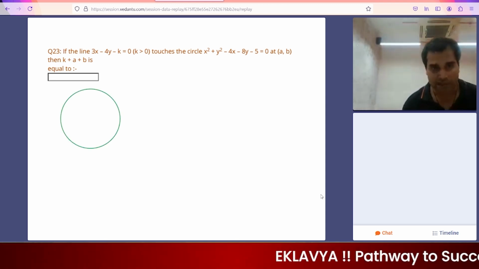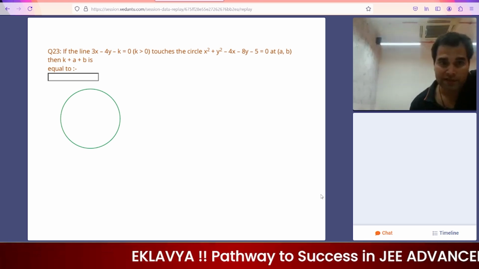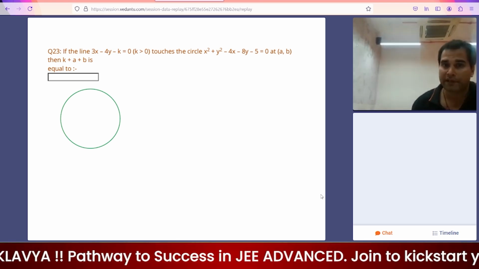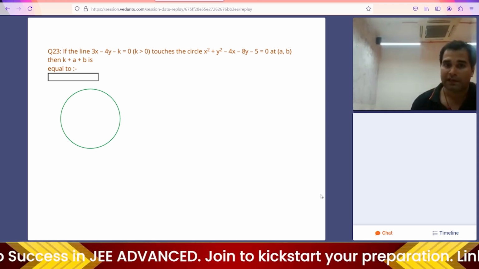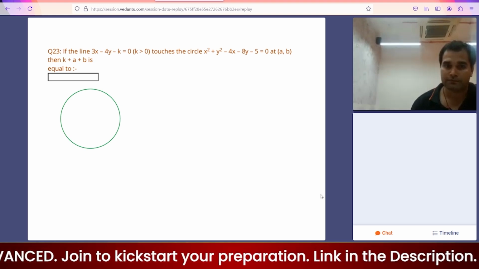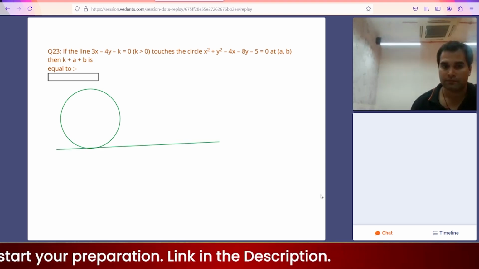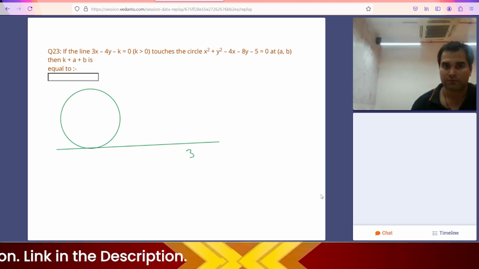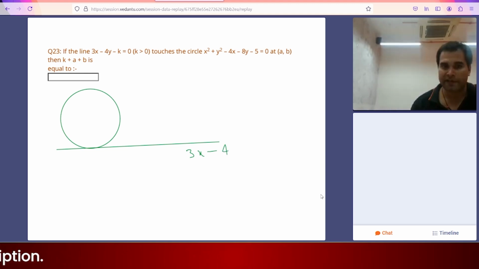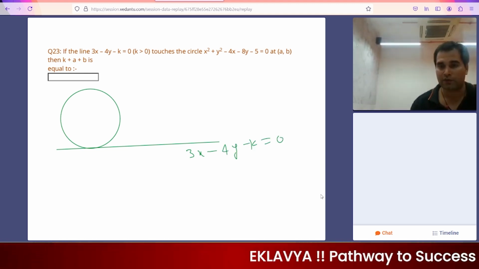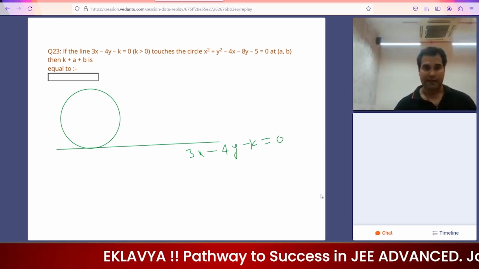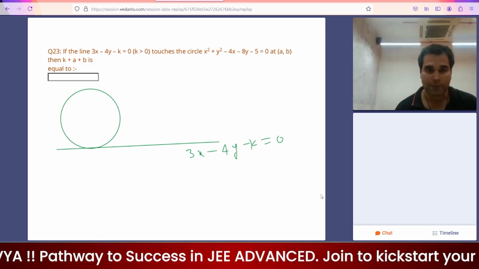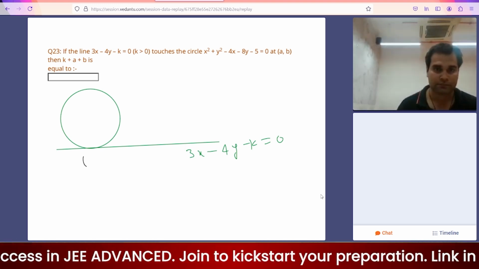Here we understand the question: the line 3x minus 4y minus k equal to 0 is a tangent touching the circle at the point a comma b.